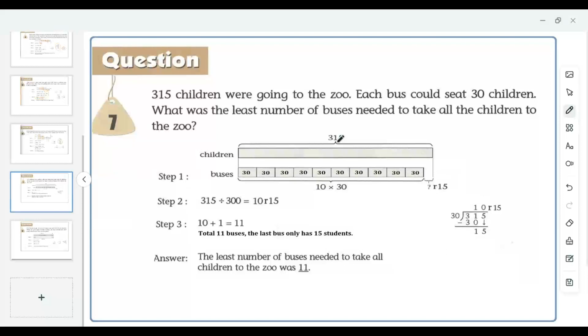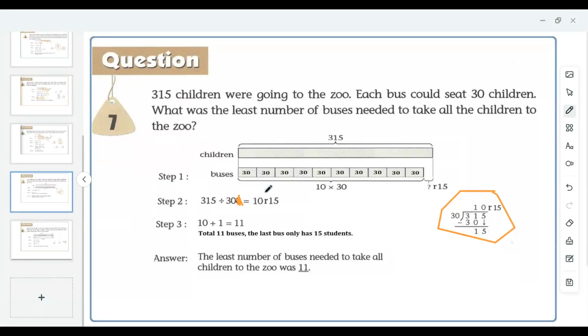So we need to say, okay, 315 divided by 30. Divide by 30. You work from here. Straight away you see it's 10, then remainder 15.